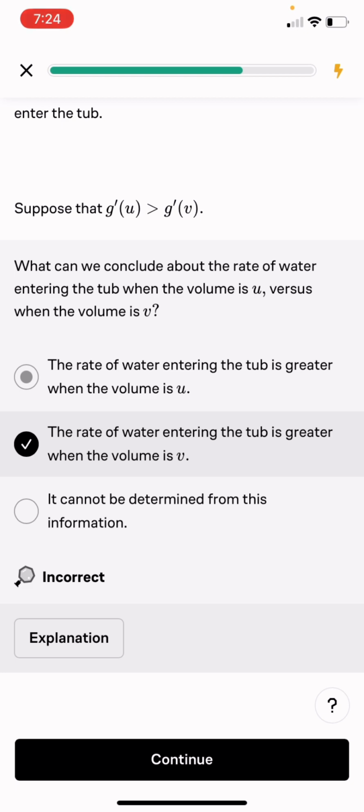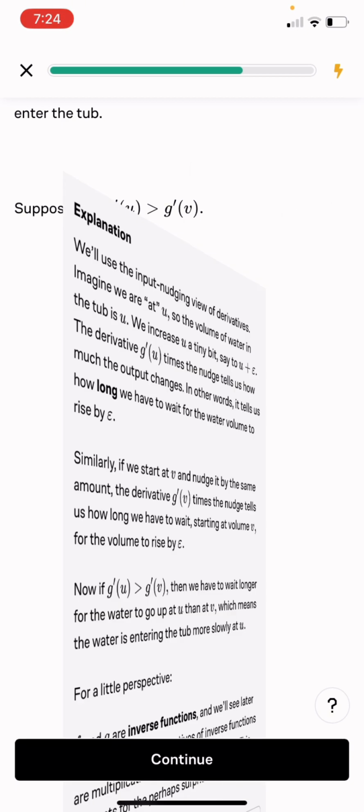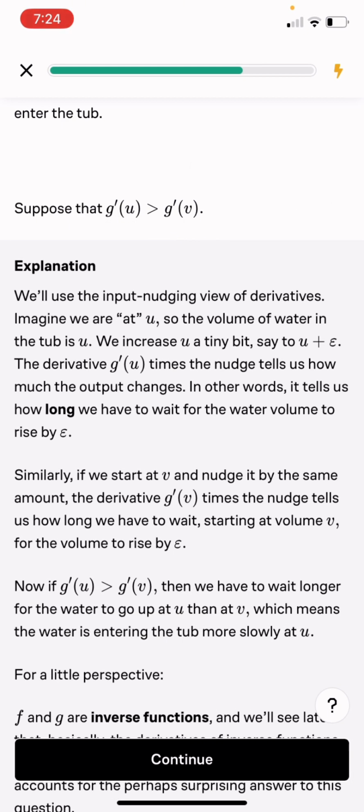In other words, it tells us how long we have to wait for the water volume to rise by epsilon. Similarly, if we start at V and nudge it by the same amount, the derivative g prime of V times the nudge tells us how long we have to wait, starting at volume V, for the volume to rise by epsilon.